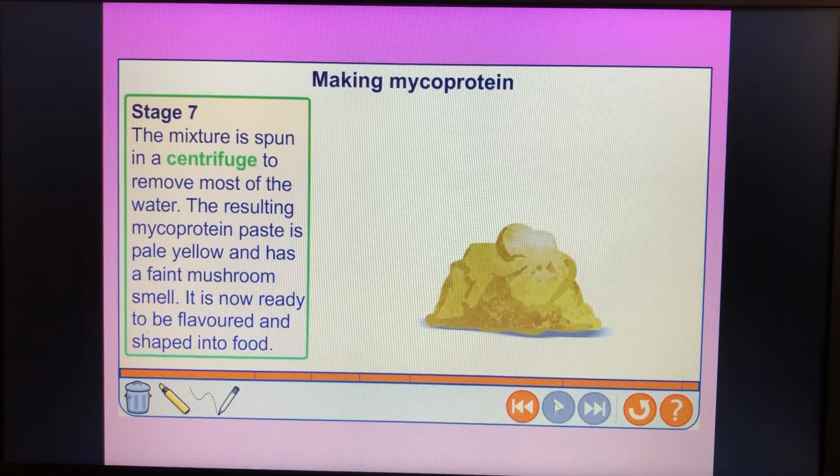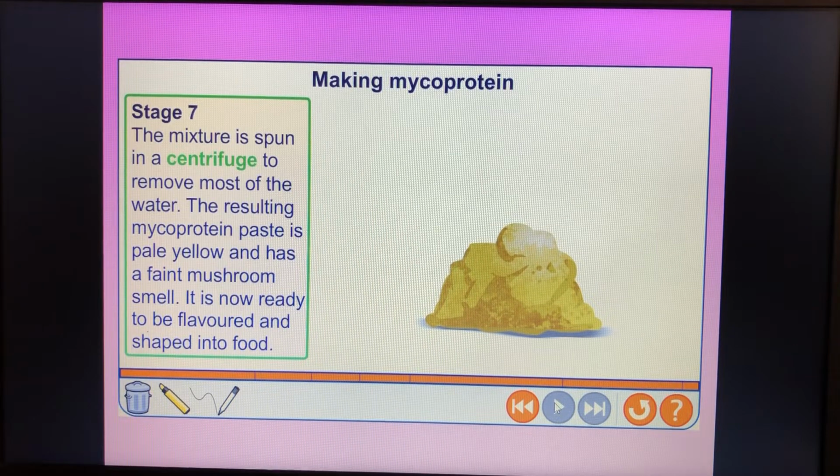And the final bit, we've got the mixture. Mixture is spun in a centrifuge. If you remember back in B2 when we talked about the structure of blood, I talked about how we could separate blood into the separate components by spinning it in something called a centrifuge. You might have seen it in a science program of some kind, or a film or TV.